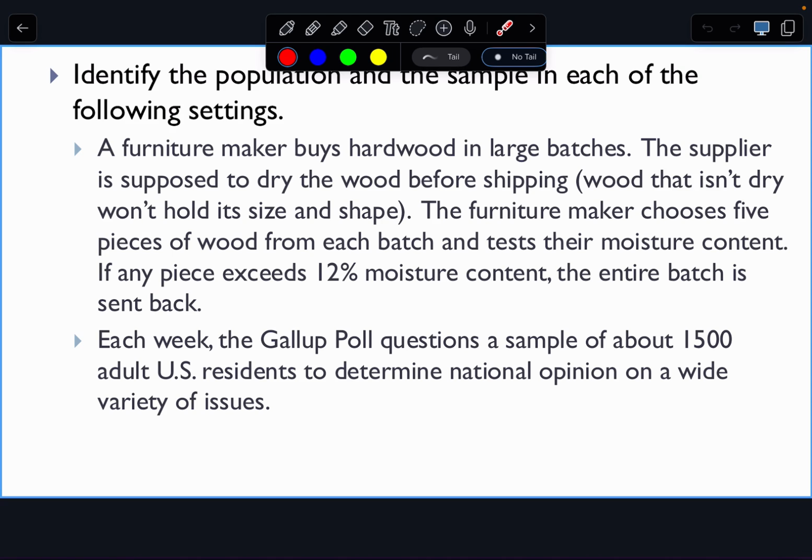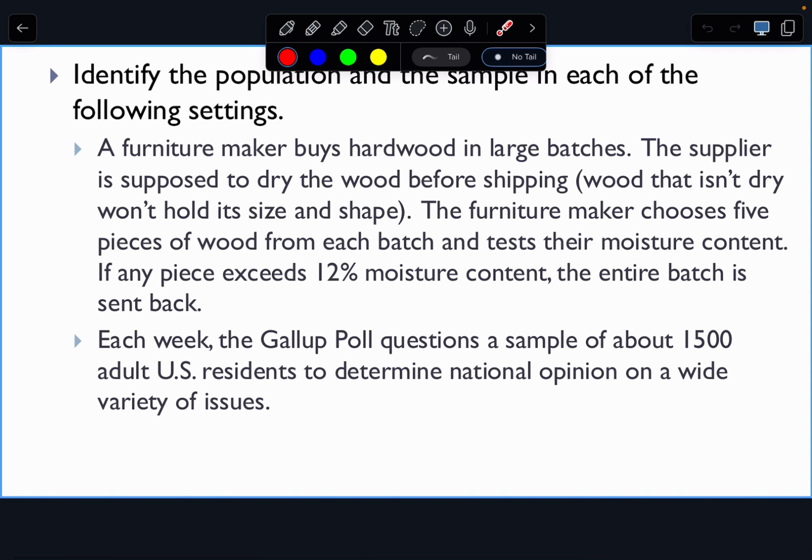So my population would be the entire batch of wood shipped that day. And then the 5 pieces that he selects from each batch becomes the sample. And he uses the information found from those 5 pieces of wood to make a determination about the entire population. That's what the majority of this unit's going to be about.